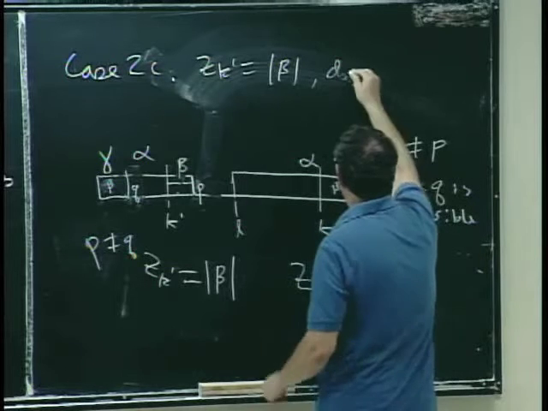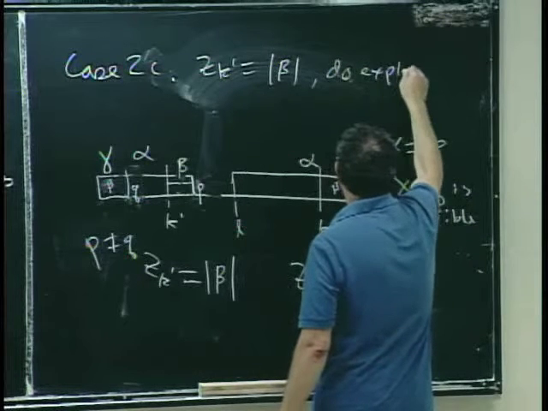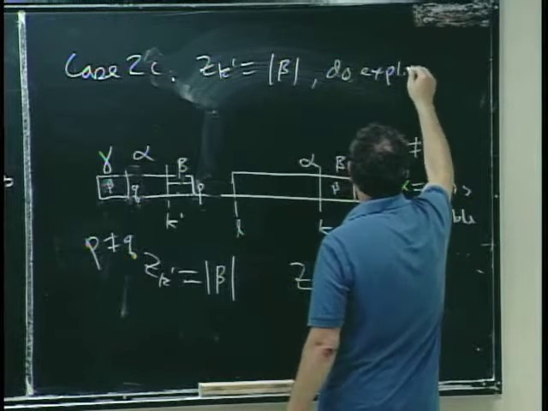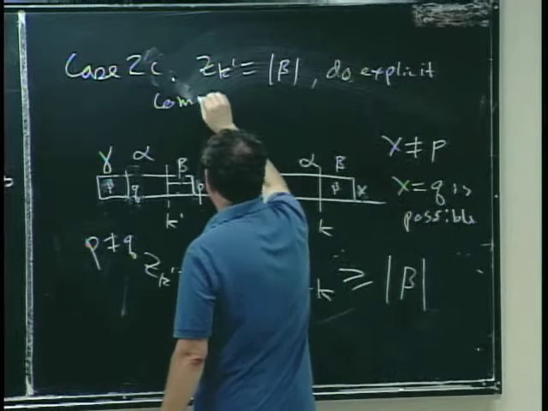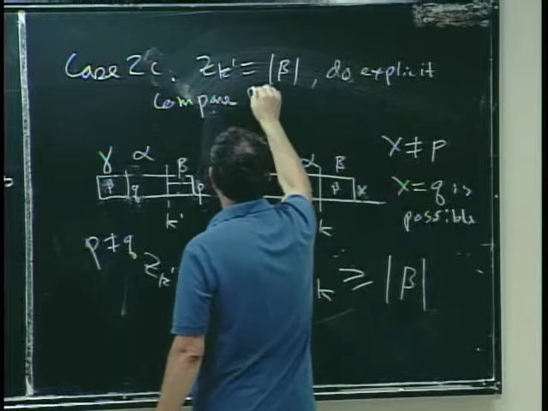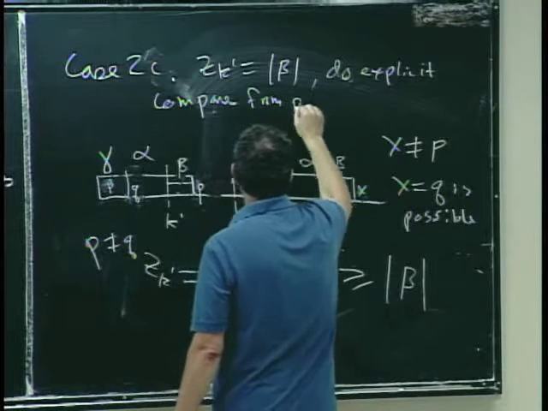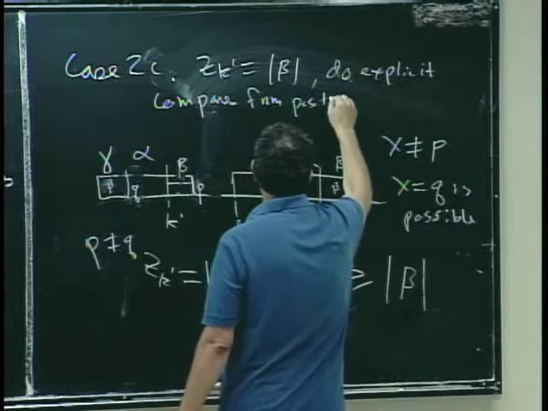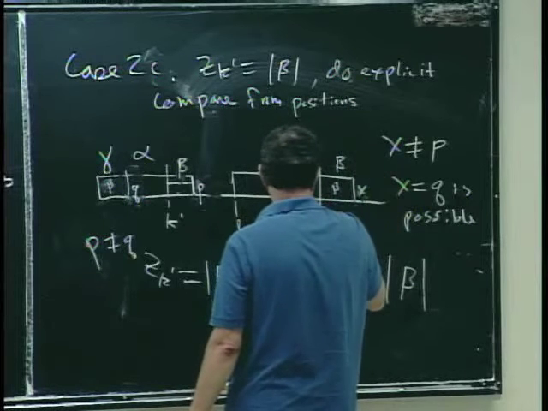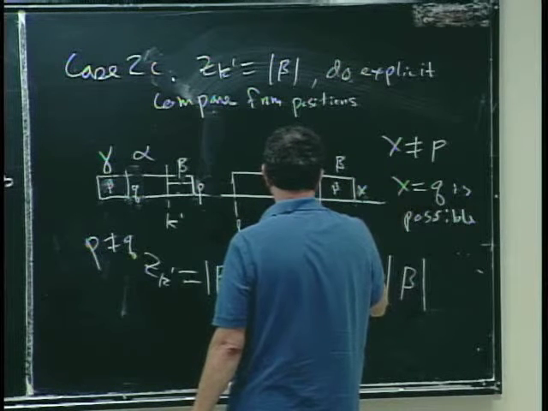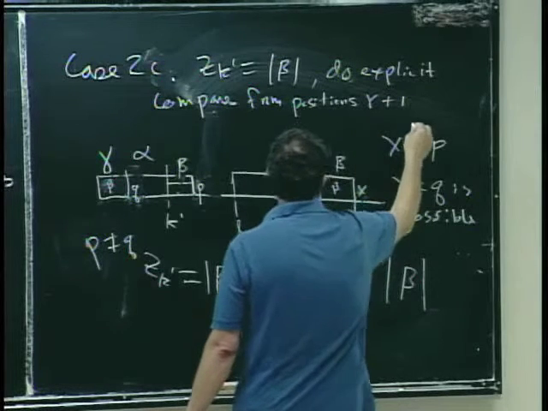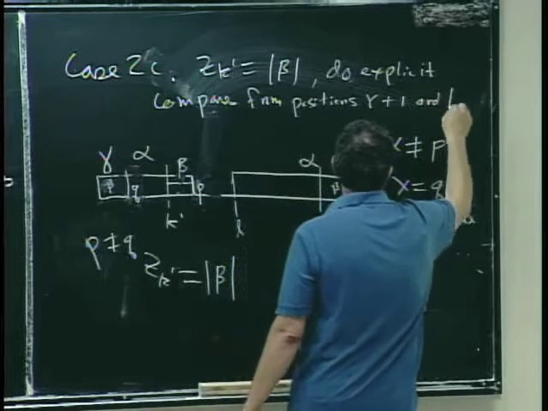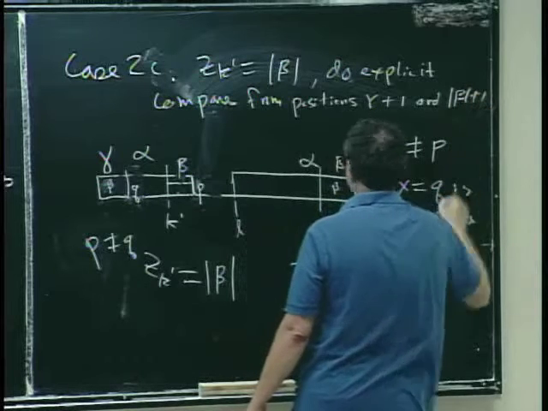do explicit comparisons from positions, well, it's R plus 1 and beta plus 1.